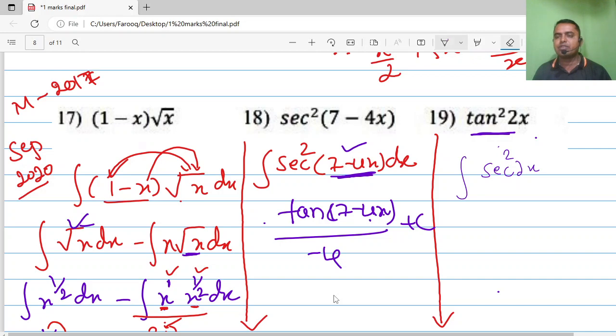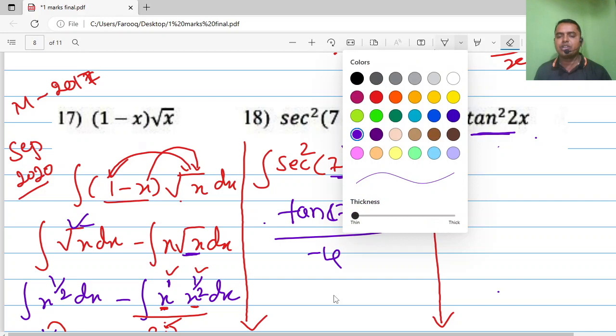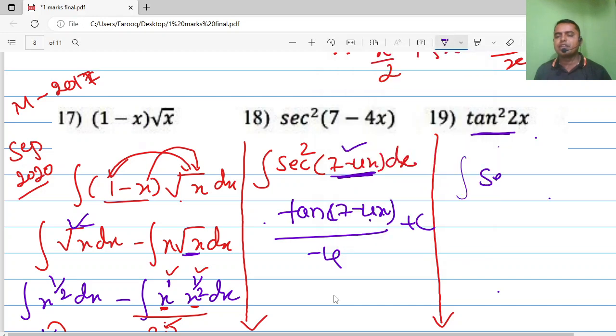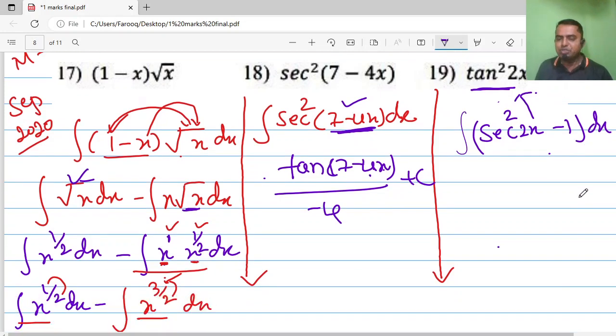Integration of tan square 2x means sec square 2x minus 1. Sec square 2x minus 1 means tan square 2x. Yes. Why we are writing tan square in terms of sec square 2x minus 1? Because we don't know the formula for tan square 2x, we know the formula of sec square 2x.